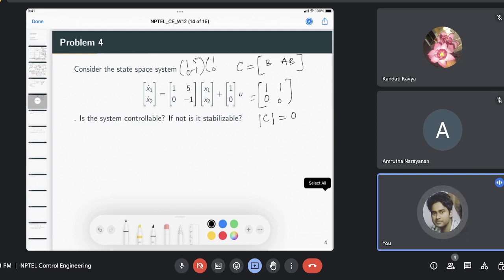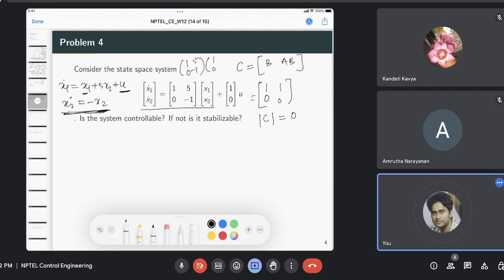Or you can easily check from this representation. We just write x1 dot equals x1 plus 5x2 plus u, and x2 dot equals minus x2. Okay, so you see that for the x2 variable there is no effect of the control u, right? Because x2 derivative only depends on x2, it does not depend on x1.